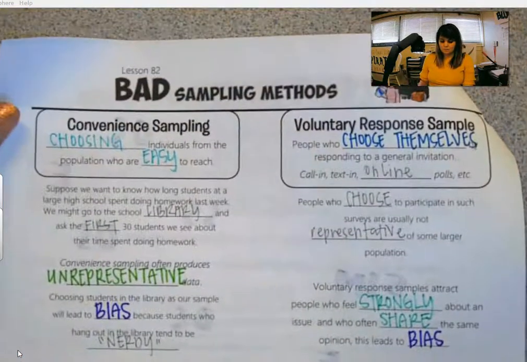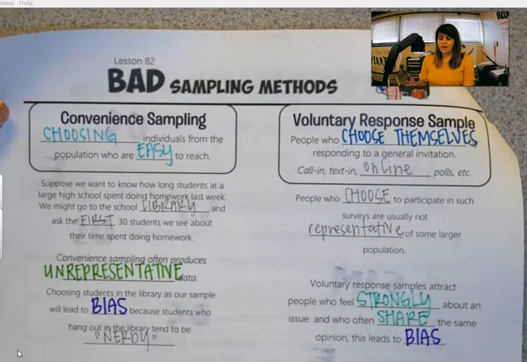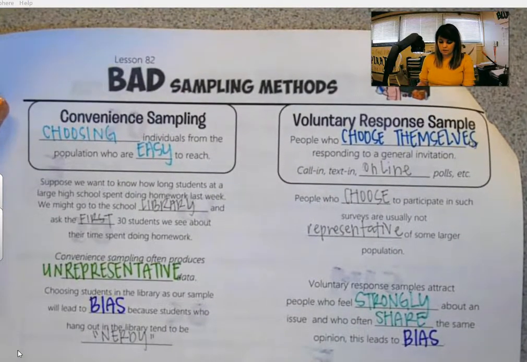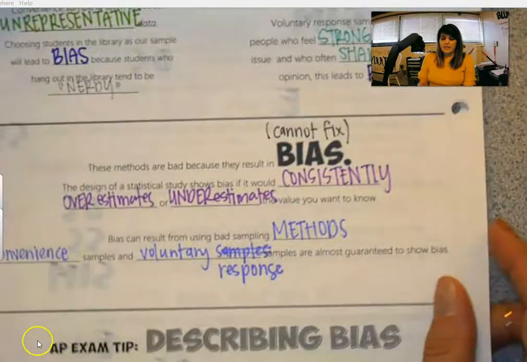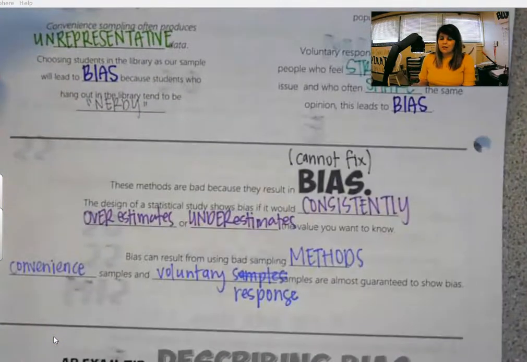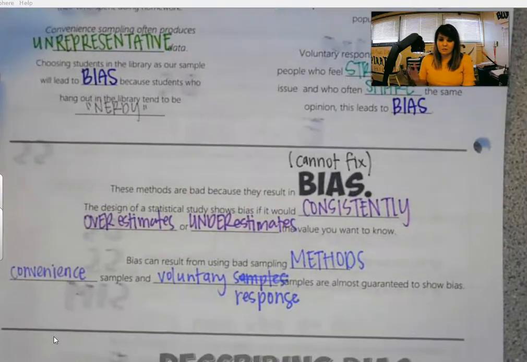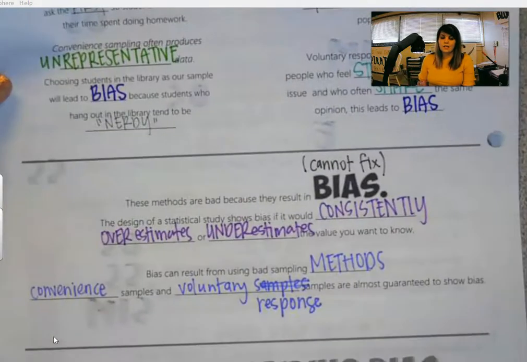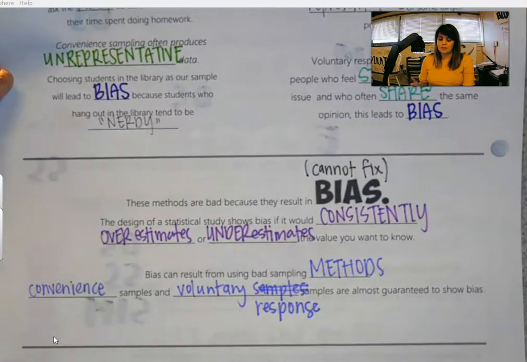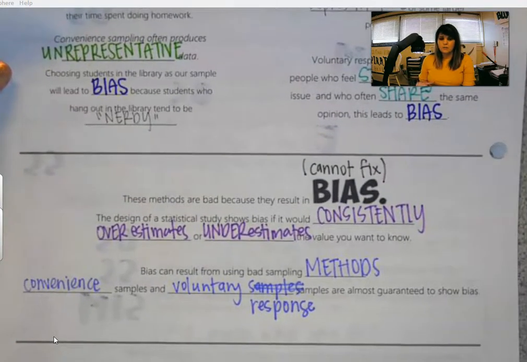So when you use a bad sampling method, you typically end up with a sample that does not represent the population. That is an issue because it often leads to bias, and bias cannot be fixed. Bias will give you a sample that typically overestimates or underestimates the value that you want to know.